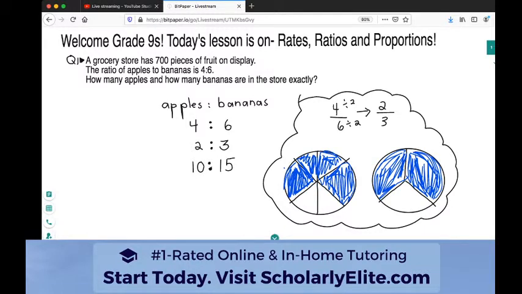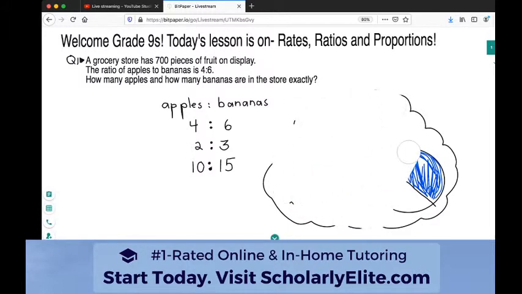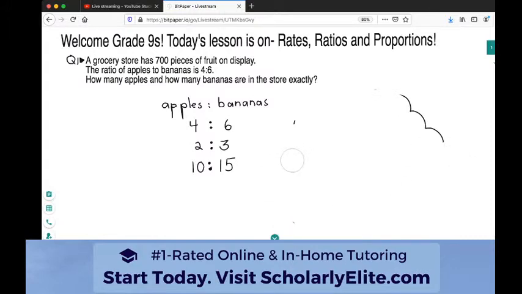And again, if I was to do my fraction thing here, where I draw a fraction, then the actual amount would look the same. It's going to be proportional, meaning it looks the same. Okay, so keeping all of this in mind, let's find out how we solve these types of questions.